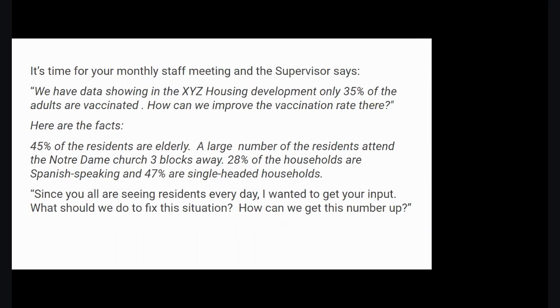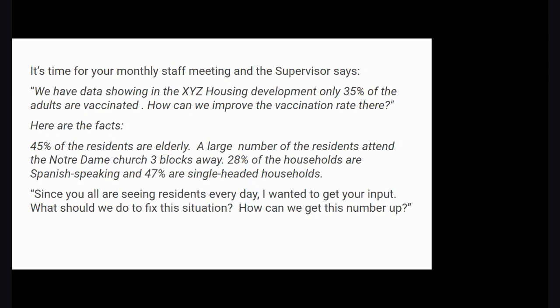It's time for your monthly staff meeting, and the supervisor says, we have data showing in the XYZ housing development only 35% of the adults are vaccinated. How can we improve the vaccination rate there? Here are the facts. 45% of the residents are elderly.